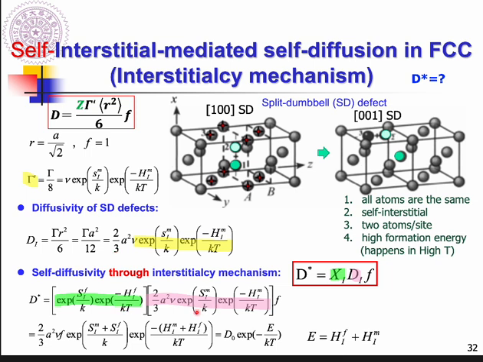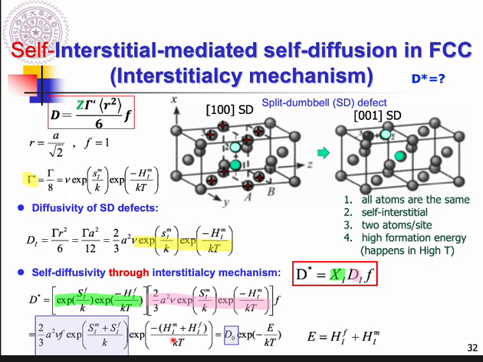After arranging them, I organize the temperature-dependent term here, and the rest is the temperature-independent term. So I can figure out this will be D0, and the temperature-dependent term will be the total energy, which includes the split dumbbell formation enthalpy and also the split dumbbell migration enthalpy.